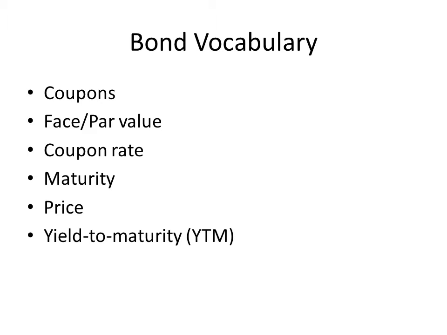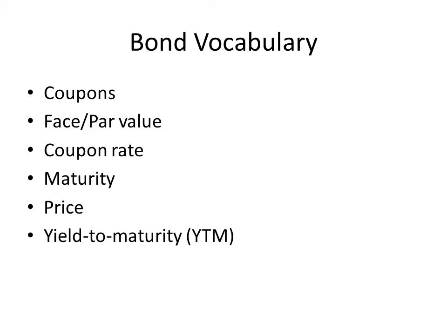First of all, we have coupons. These are the periodic interest payments that are made on the loan. Now, you may recognize the word coupons from those little pieces of paper that your mother would cut out of Lady's Home Journal to use to save money on groceries or whatnot. And it turns out that the root of these words is identical.